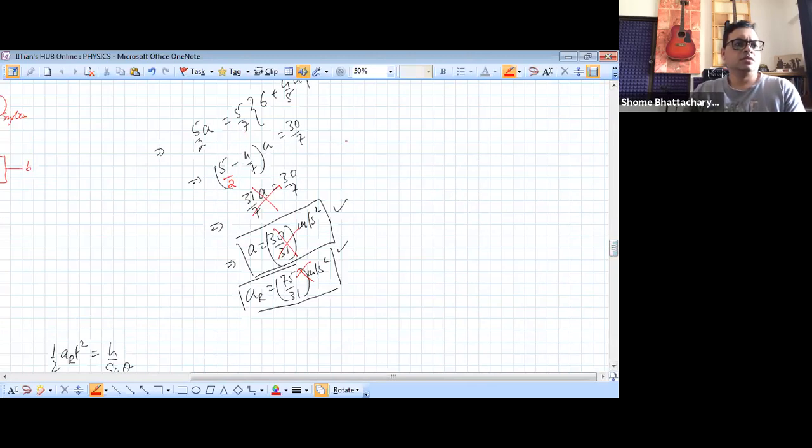So this will give us 35 minus 8 by 14 is equal to this. This will give us a as 30 into 2 divided by 35 minus 8, is 27.